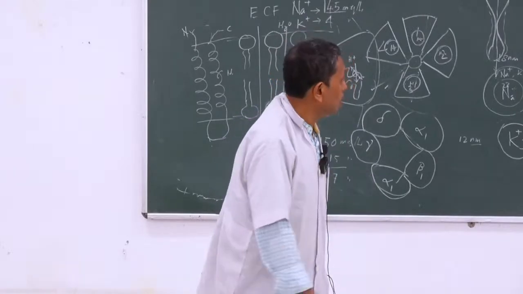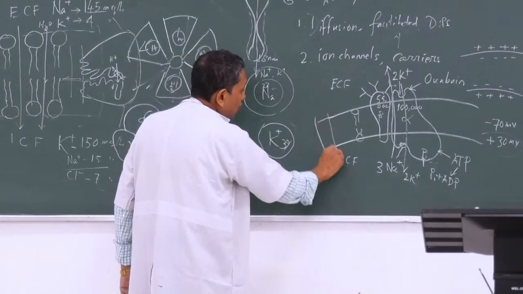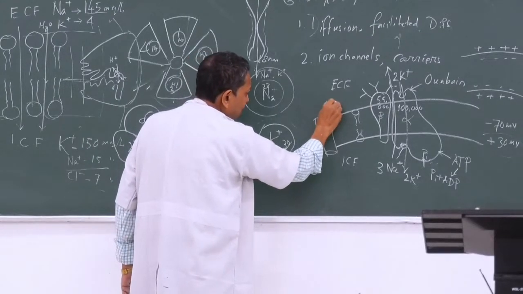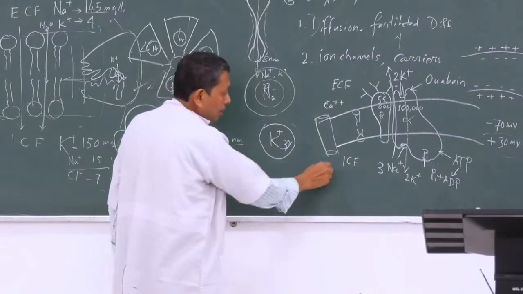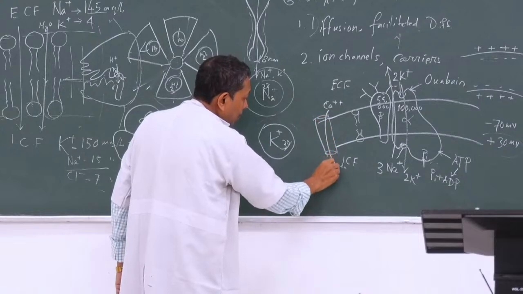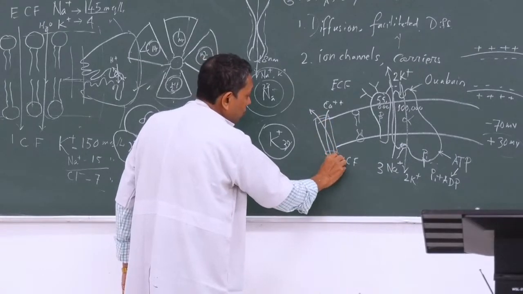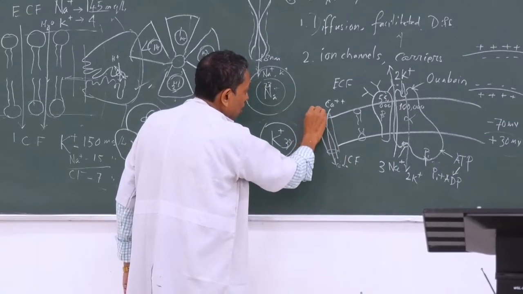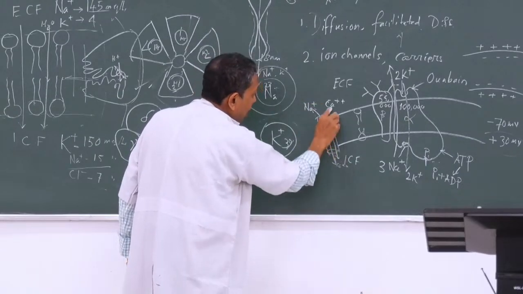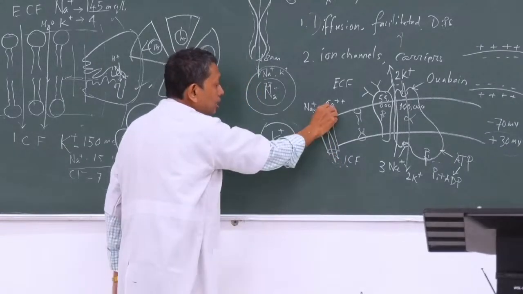Suppose in the membrane there is a channel through which calcium ion moves. Normally calcium ion is higher in the extracellular fluid than inside. So calcium ion enters in exchange of sodium ion; sodium ion will come out and calcium ion will go in through this exchange mechanism.